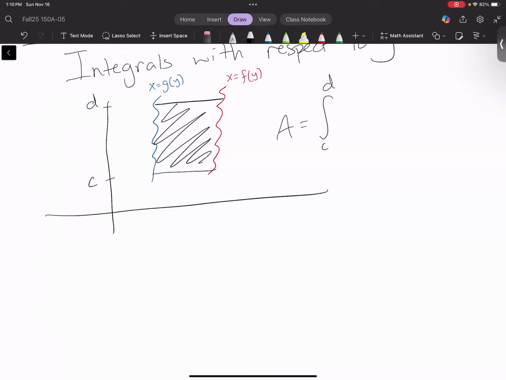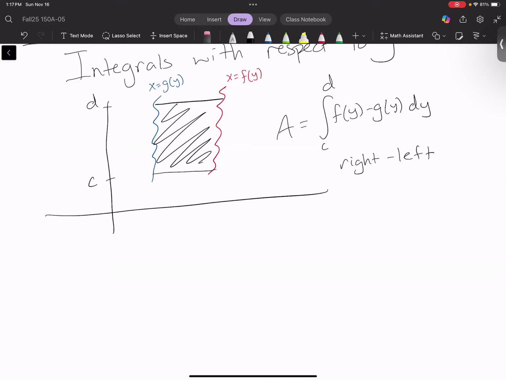And then this is f of y minus g of y, okay? So whether you want to think of it like the bigger function minus the smaller, or you could just think right minus left, and top minus bottom for x, however you want to think about it, this is what we have. So this is like right minus left.